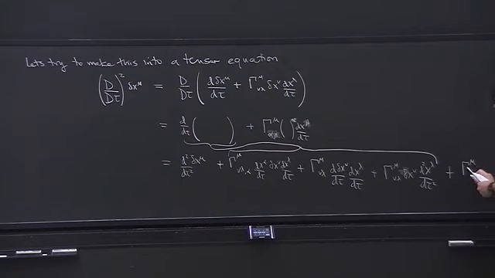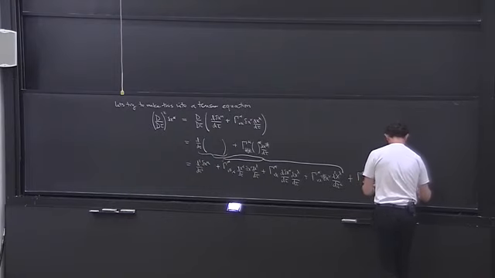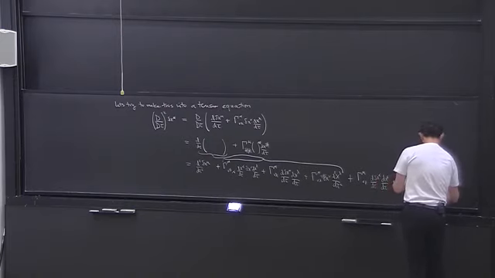So gamma mu alpha beta d by d tau of delta x alpha dx beta d tau, and then we've got plus gamma mu alpha beta gamma alpha nu lambda delta x nu dx lambda d tau dx beta d tau.